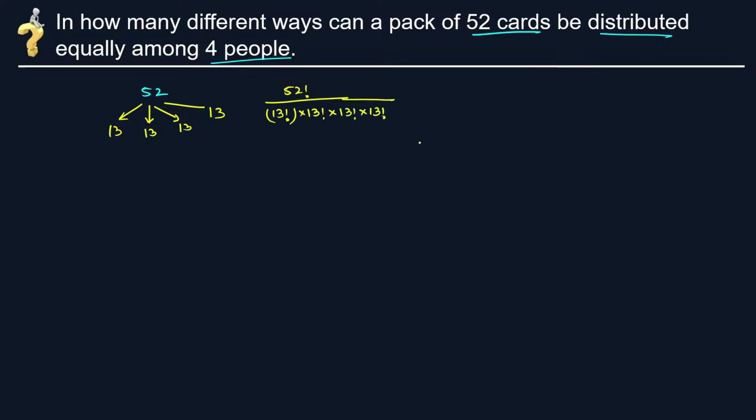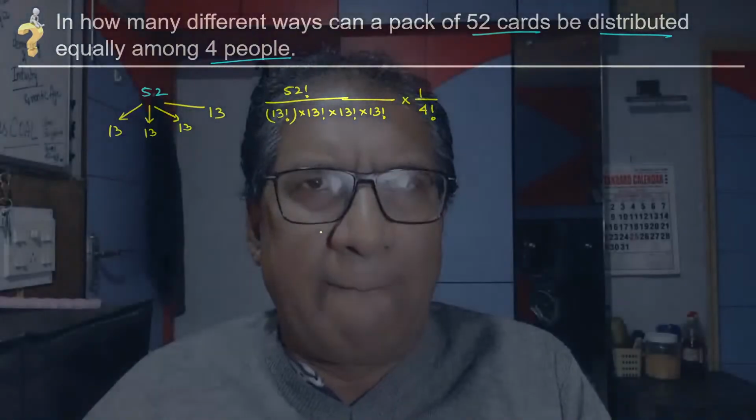This is the same as when the group sizes were not equal, as I told you right now. Now, these 4 groups are of equal size. Therefore, the total number of ways of forming these 4 equal groups will be divided by factorial 4. That's it. Is this clear to you? 52 cards I have to divide into 4 groups of 13 cards each.